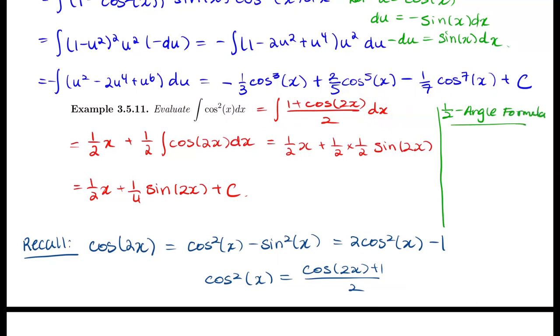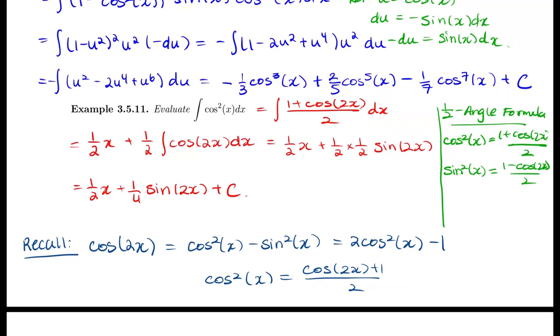We know that cos squared of x is equal to 1 plus cos 2x, all divided by 2. As well, we also have sine squared of x, which is equal to 1 minus cos 2x divided by 2.